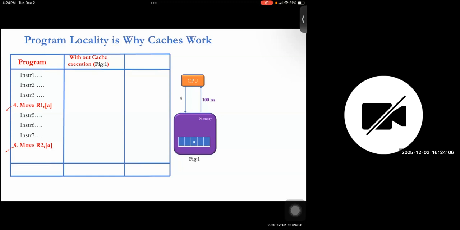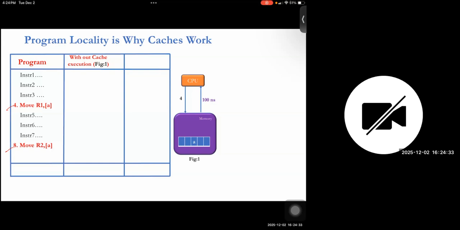So what is the latency? The value A is accessed from the memory, which is far away from the ALU unit and the registers, so its latency is 100 nanoseconds, which we observed in the previous slide.